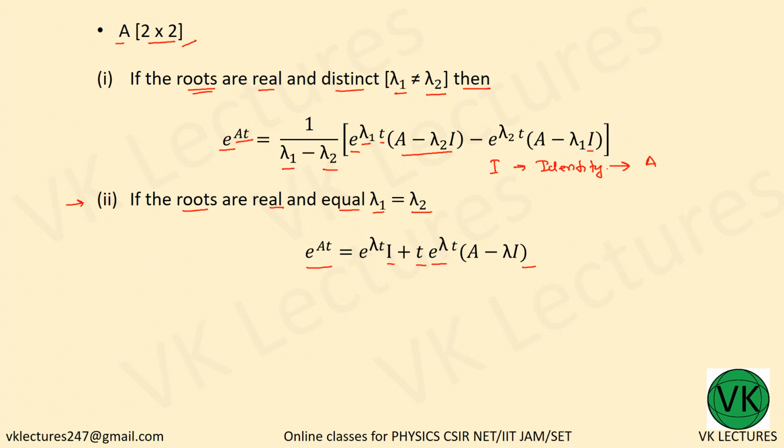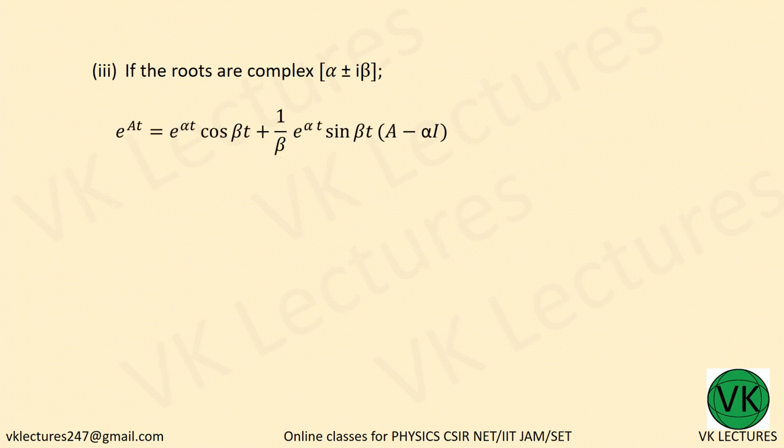Now if the roots are complex, alpha plus i beta, then e to the power At equals e to the power alpha t cos beta t I plus 1 by beta into e to the power alpha t sin beta t into (A minus alpha I).